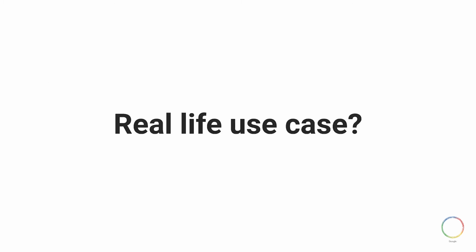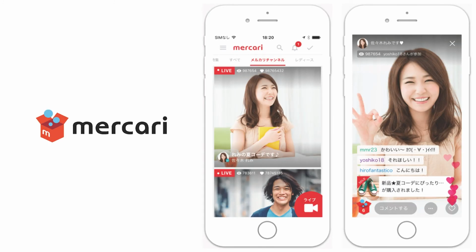Last but not least, I'd like to show you how a real e-commerce app is using Firebase to power their service. Mercari is a C2C marketplace that operates in Japan, the United States, and the United Kingdom. Recently, they launched a new video shopping feature that is powered by Firebase real-time database.